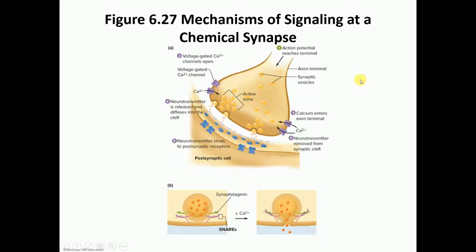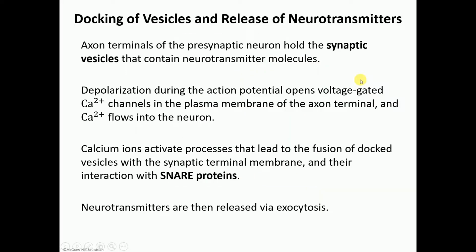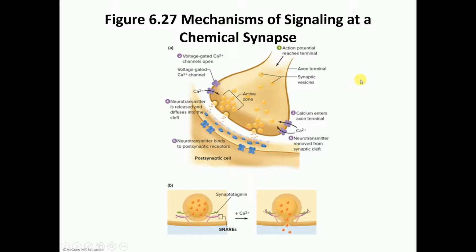So for the sequence of events that happen, the action potential reaches the end of the axon terminal. Remember, action potential is electricity, so it will open up these voltage-gated calcium channels. When that happens, calcium rushes into the cell.